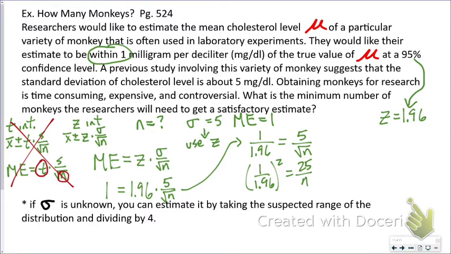And then we end up getting N to the other side. And then finally divide by that horrible fraction. So last step is 25 divided by whatever this fraction is. And that'll give us our sample size.